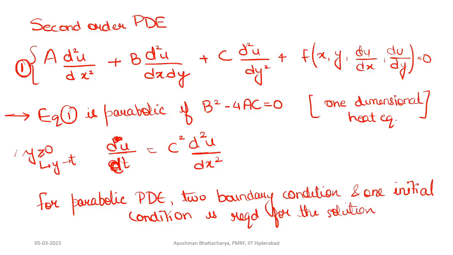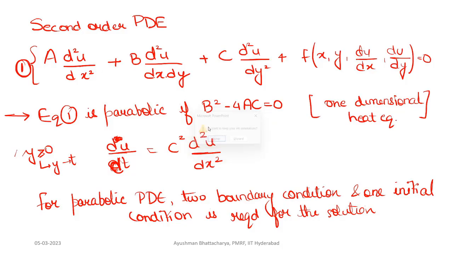One initial condition, because the number of initial conditions depends upon the highest order derivative of the partial differential equation with respect to time. So du by dt has a derivative order of 1. So one initial condition is required, and since we have to integrate two times to solve this problem, that will give two arbitrary constants. So therefore, two boundary conditions are required.